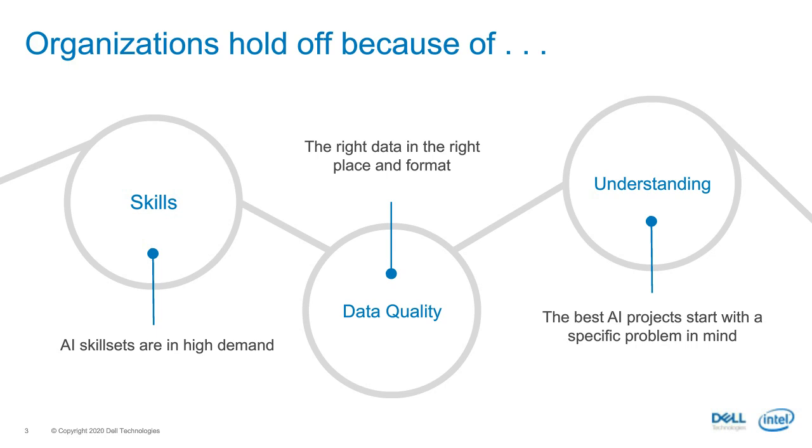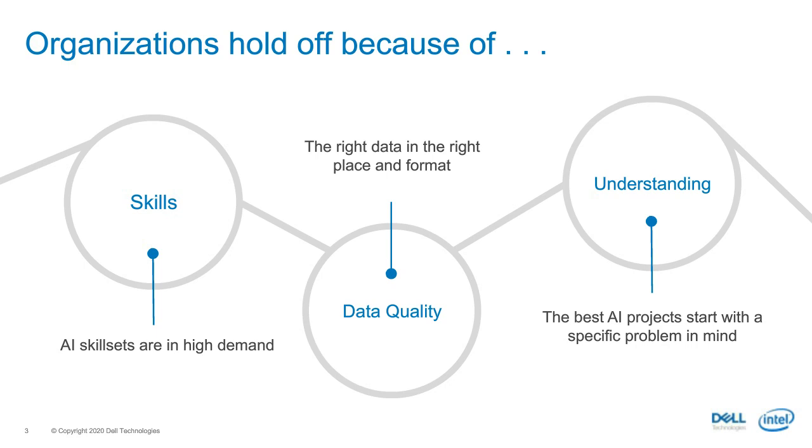One is that AI skill sets are in high demand, right? As you can imagine, data scientist is a unicorn these days, with everyone wanting to hire the best data scientists. That's really a limited resource, and therefore most companies will not be able to get the right resources that they need in order to become successful in AI.